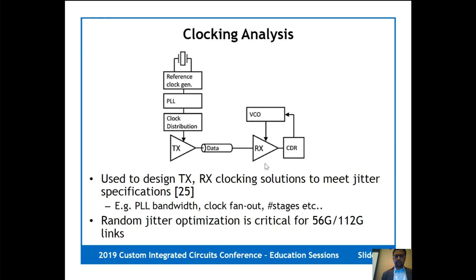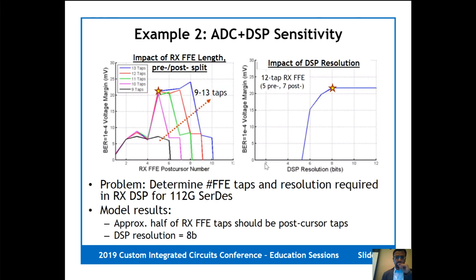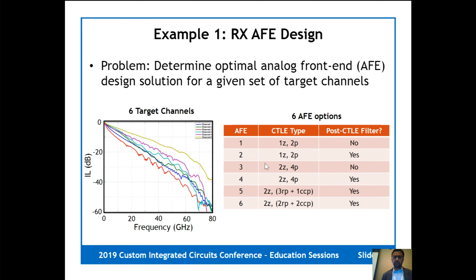So the post-CTLE filter referred to here is an ideal fourth order Bessel-Thomson filter with bandwidth of about three-quarters of the baud rate.